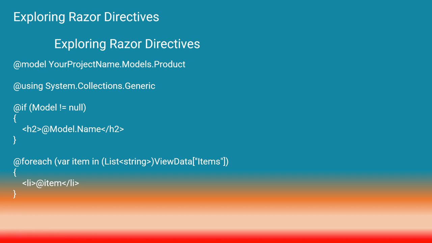Razor provides a variety of directives that allow you to control the behavior of the view. Directives are special keywords that start with the @ symbol. The @model directive specifies the type of the model that the view expects. The @using directive allows you to import namespaces into the view, making it easier to access classes and methods.